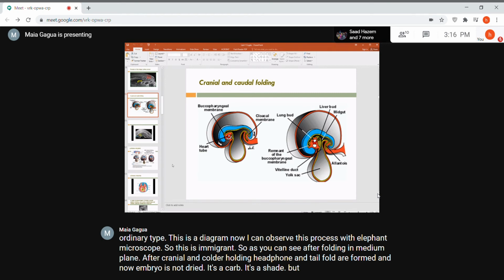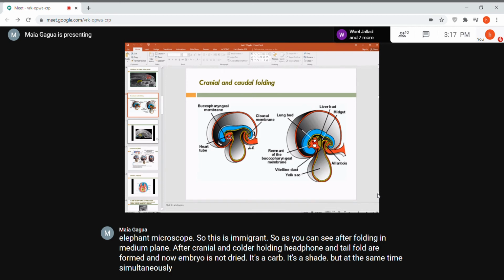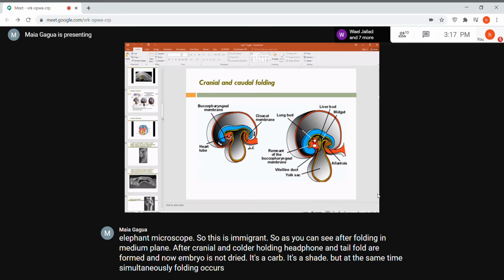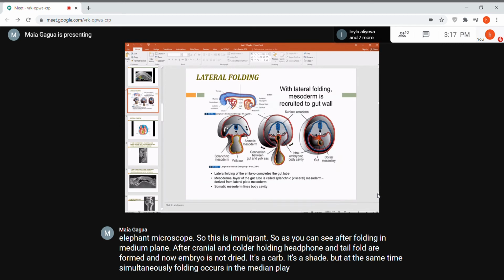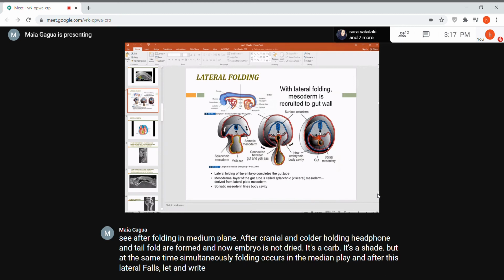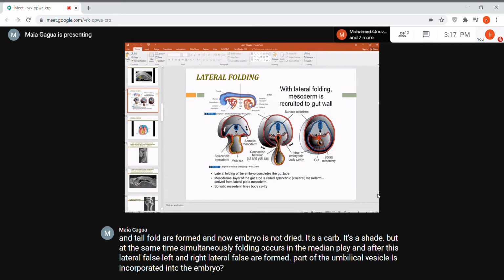But at the same time, simultaneously, folding occurs in the median plane. And after this, left and right lateral folds are formed. Part of the umbilical vesicle is incorporated into the embryo as a midgut.